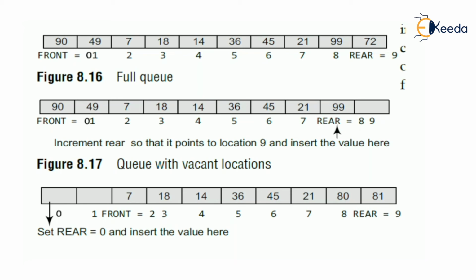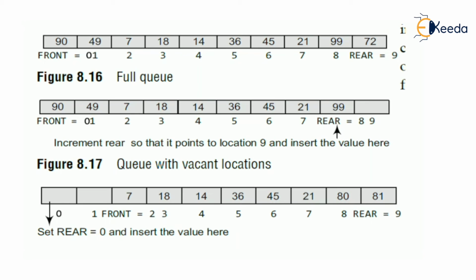But still, this is the limitation of the linear queue. We insert the data in this condition also by setting rear equal to 0 and inserting the new element inside that particular location. So this is the advantage of a circular queue.